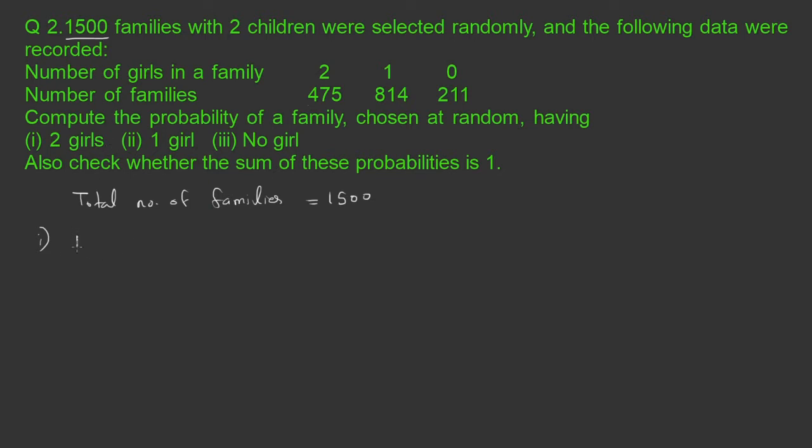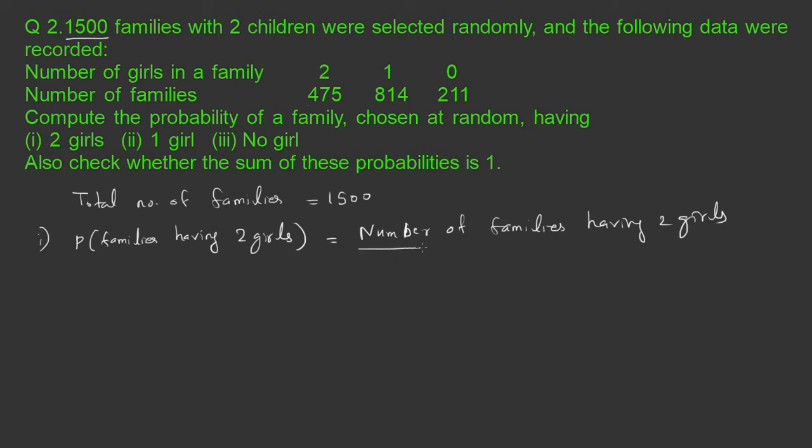So, I can write probability of families having 2 girls is equal to number of families having 2 girls divided by total number of families.